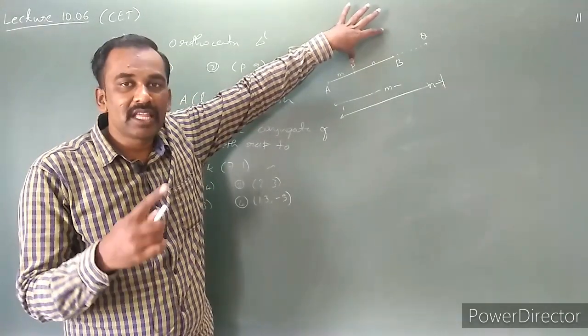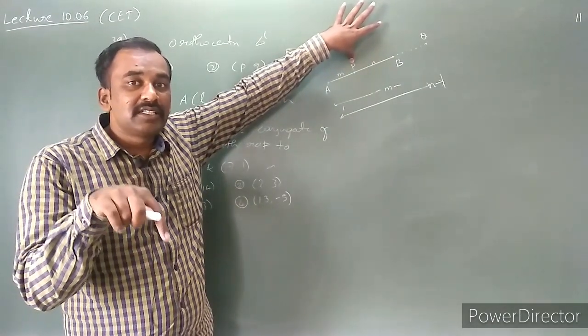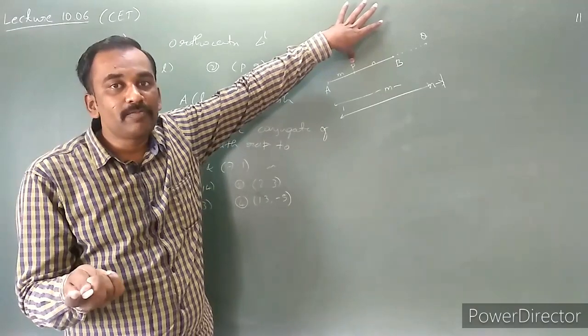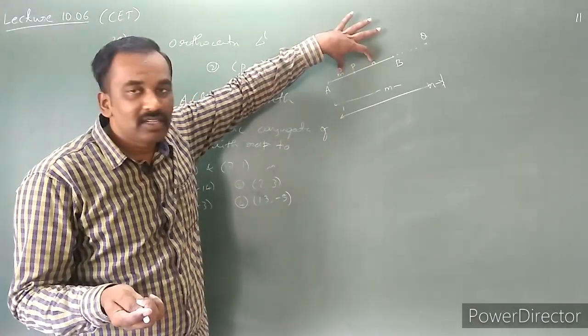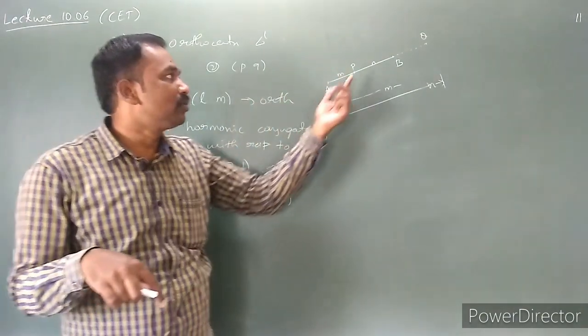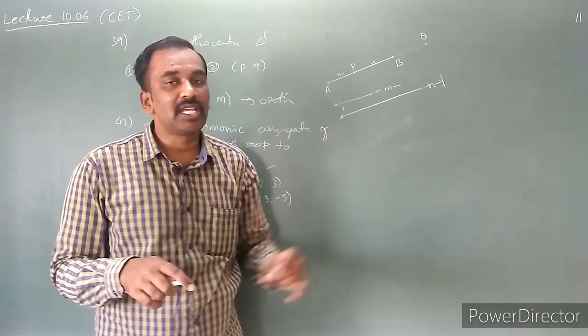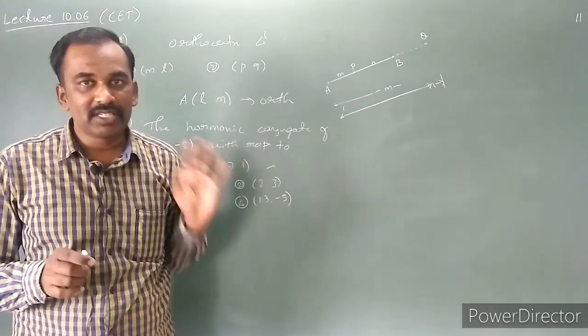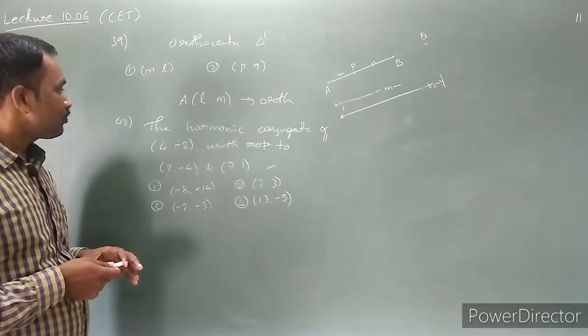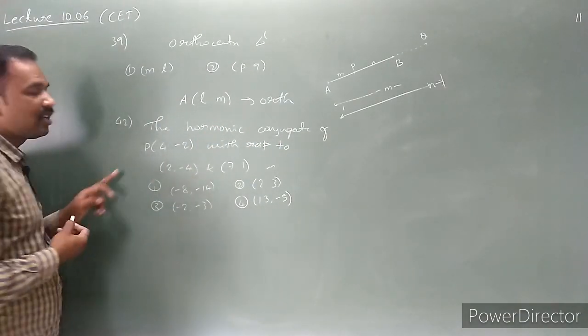Harmonic conjugate means another point Q which divides the line segment in the same ratio but externally. Then those 2 points are called harmonic conjugates with respect to the given line segment. Very simple definition.